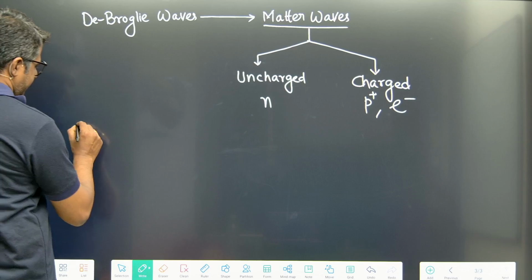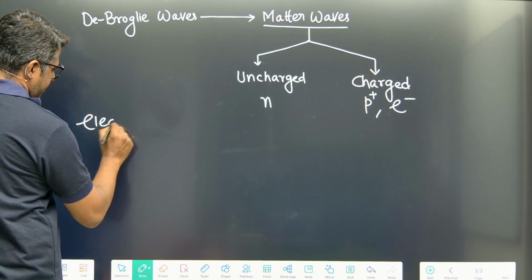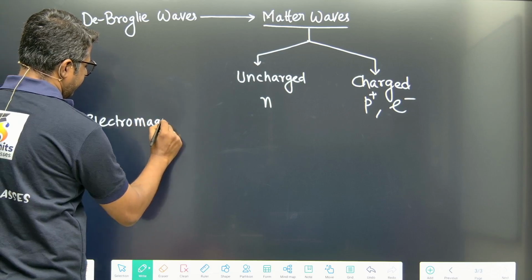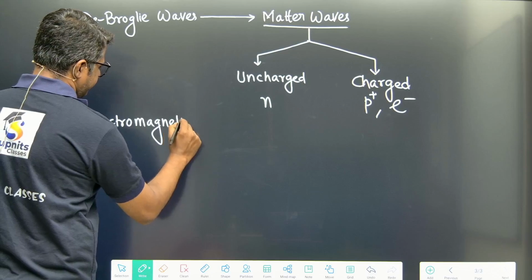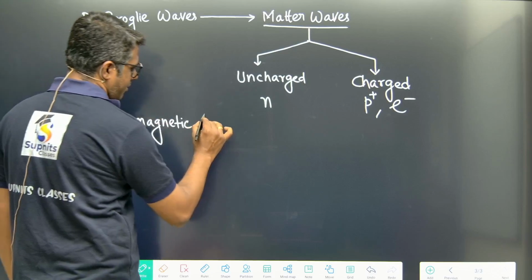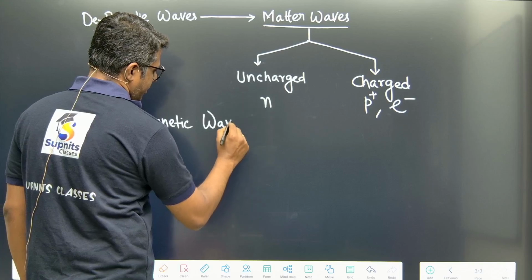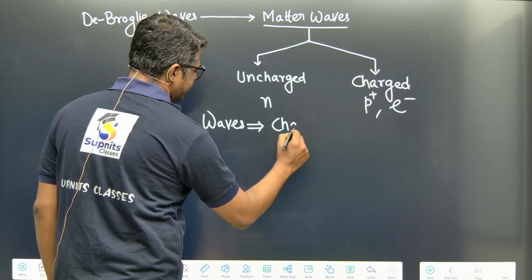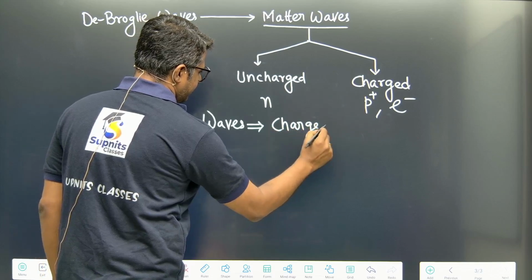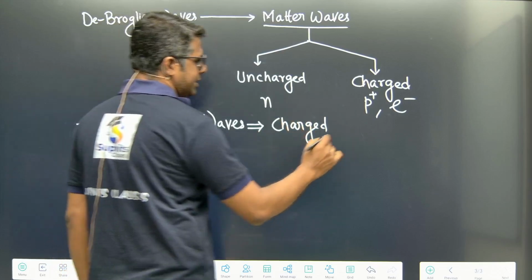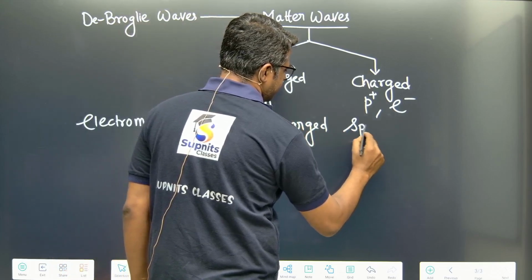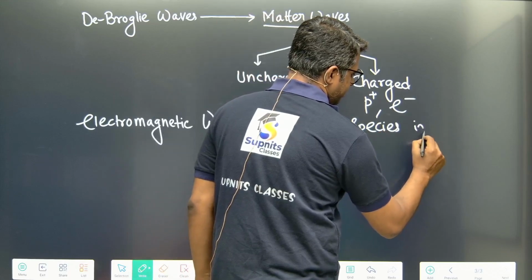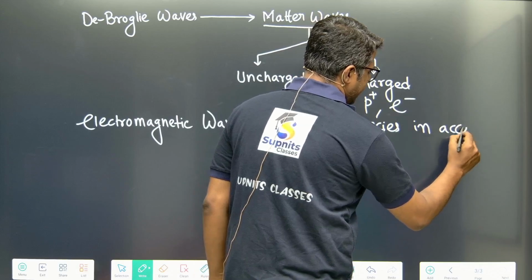However, if we are talking about electromagnetic waves, what are electromagnetic waves? Electromagnetic waves are basically charged species in acceleration.